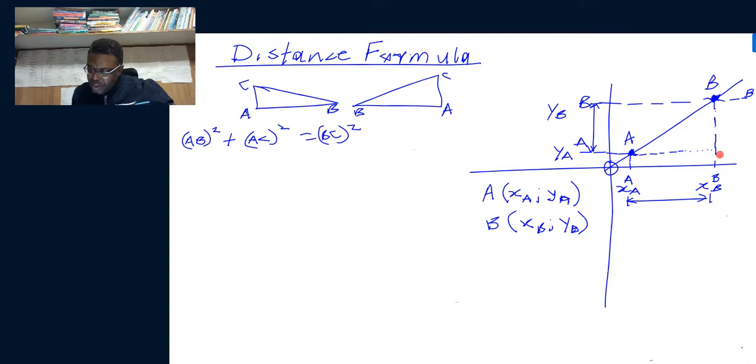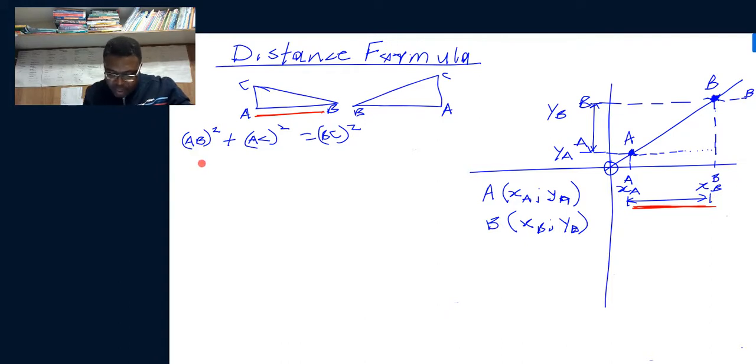Now horizontally, here it's like AB. Can you see? Horizontally. Now this horizontal line is similar to this horizontal line. So how do we calculate the change here?